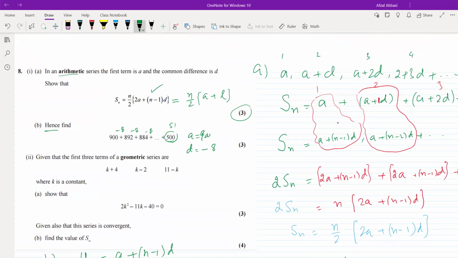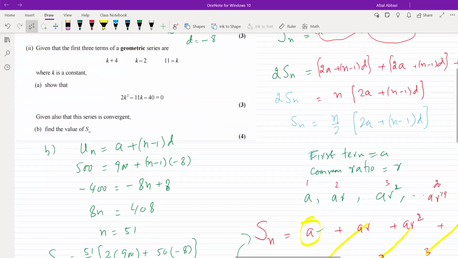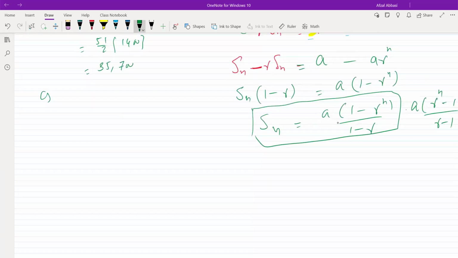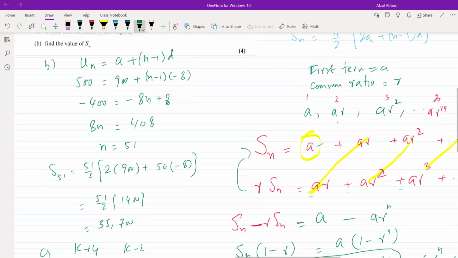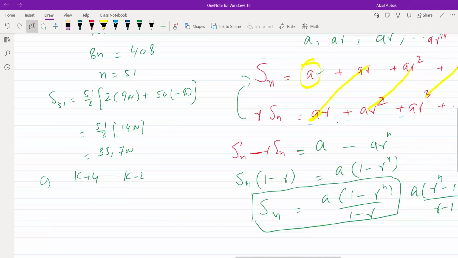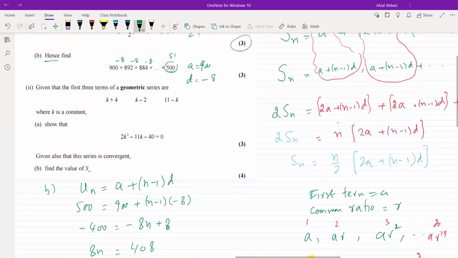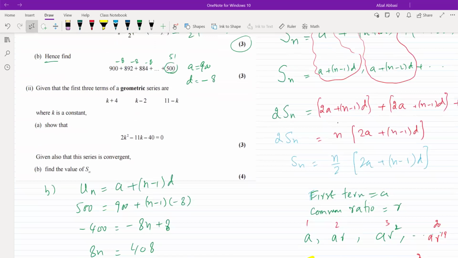Then next is, given that the first three terms of a geometric series are k plus 4, k minus 2, and 11 minus k. So these are the first three terms, where k is a constant. Show that this equation holds.